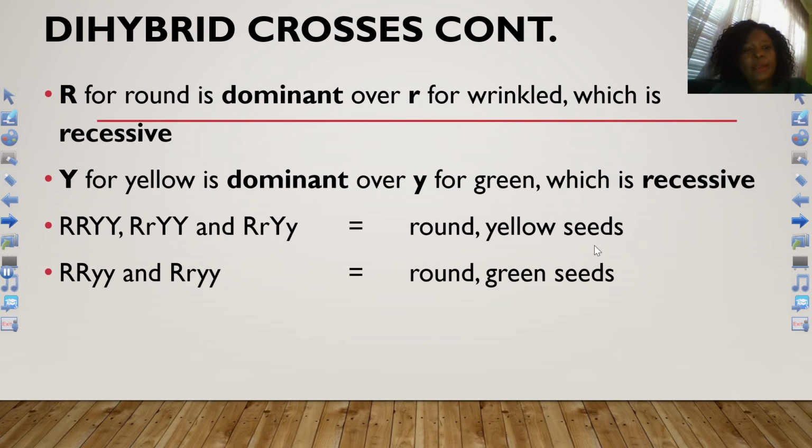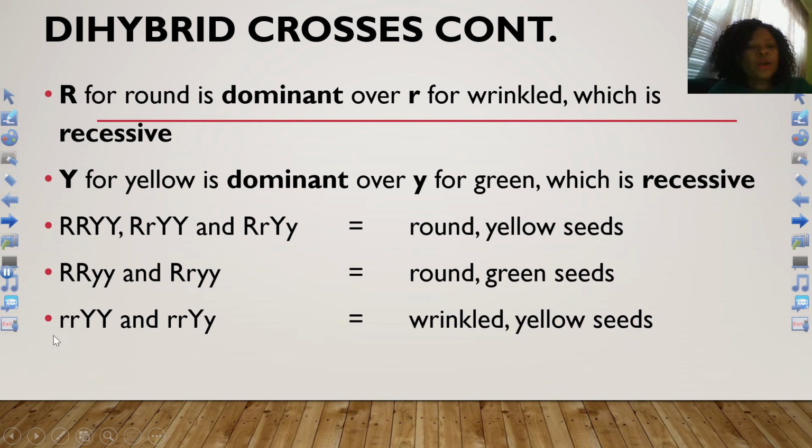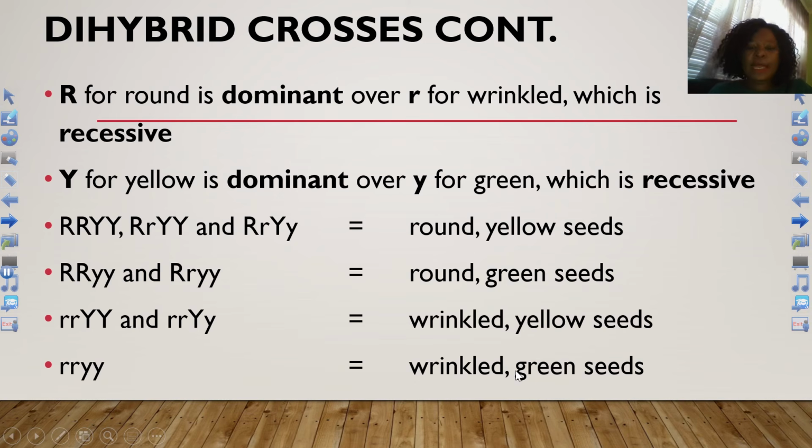Then secondly, if we have capital R somewhere in the genotype and we have got two small y's, it means that the seeds are going to come out round and green. If we've got two small r's and a Y somewhere in the genotype, we are going to get wrinkled and yellow seeds. And then if we've got two small r's, two small y's, then your seeds come out wrinkled and green.